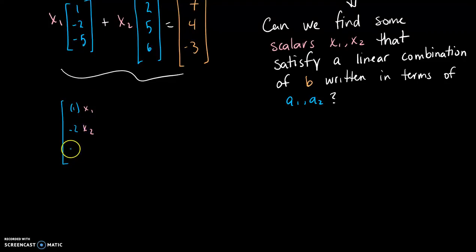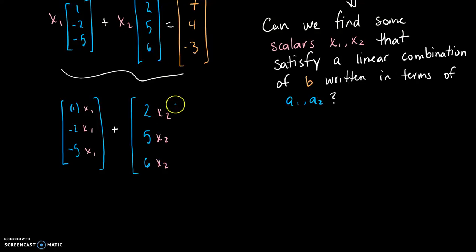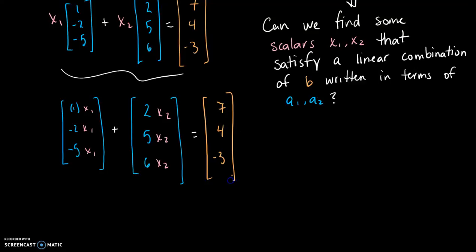And then we have plus 2x2, 5x2, and 6x2. There is no scalar on the right hand side, so we still just have equals 7, 4, and negative 3.